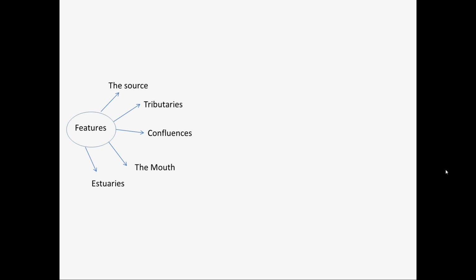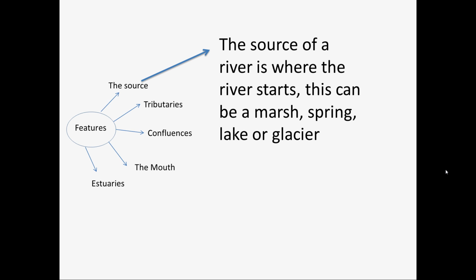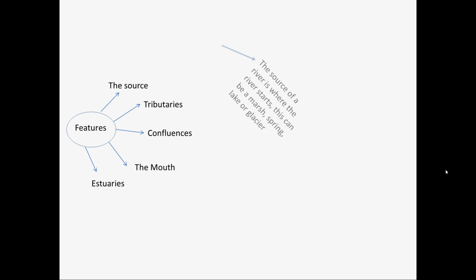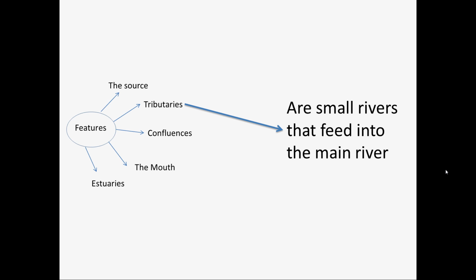So, next one, which is features of the river. The first one is the source. The source of the river is where the river starts. It can be a marsh, a spring, a lake, or a glacier. Then tributaries, which are the small rivers that feed into the main river. If you remember correctly, there's a rather funny one we looked at in one of the previous videos.